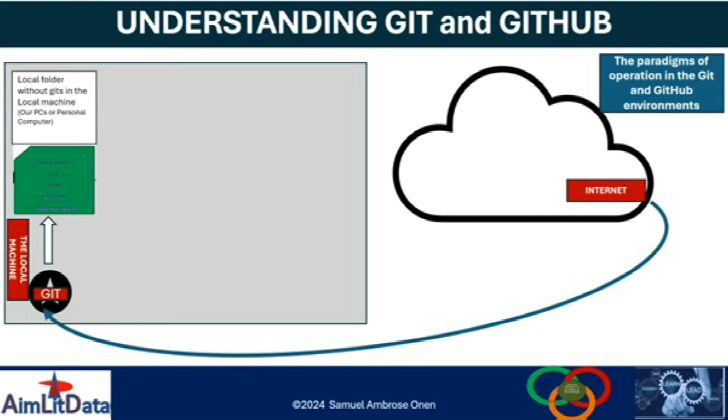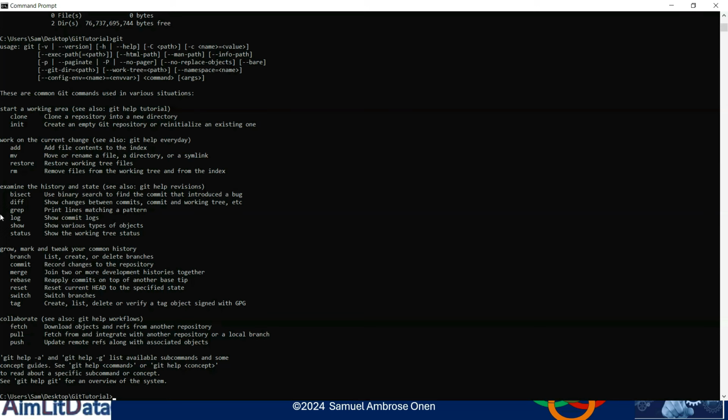How can we verify that? When we type any of these commands you see on this side here, let us just type a basic status command, and the usage is git. That means any command that you type, you must start with git. So just type git status.